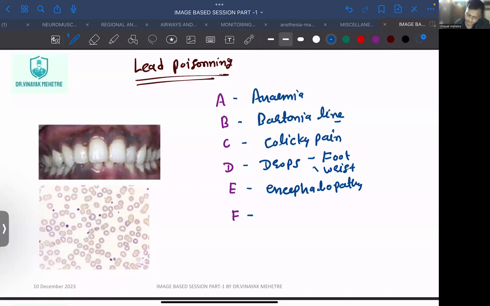And the patient is infertile, that is, fertility gone. So these are the things that you should know.